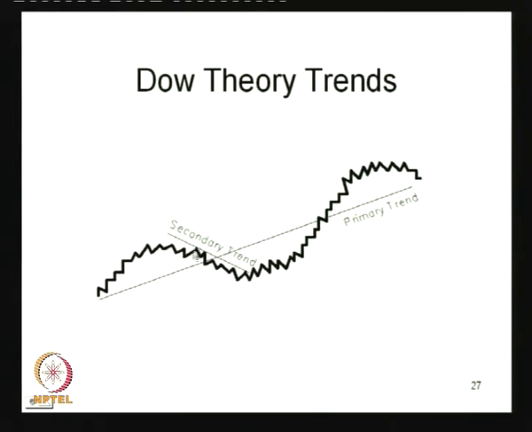But once you reduce your time period or time slot, we observe secondary trend movements. According to Dow, these are basically the corrections happening, which may nullify somewhere in the primary trend. This is the trend that Dow explained in the 1900s.